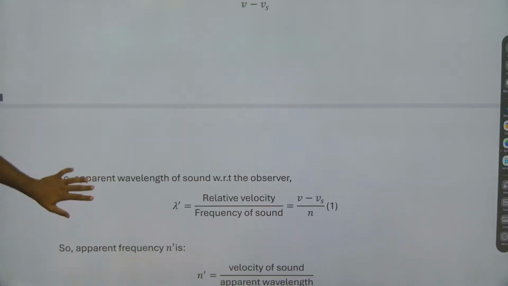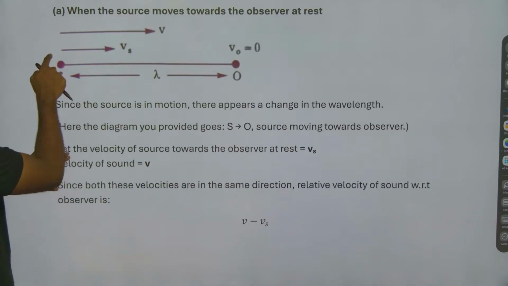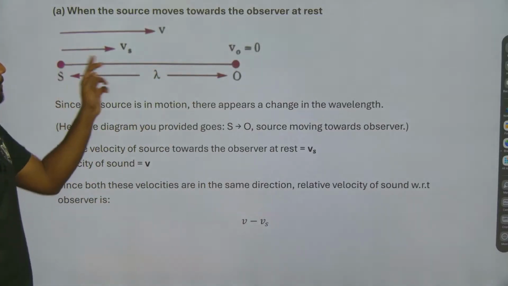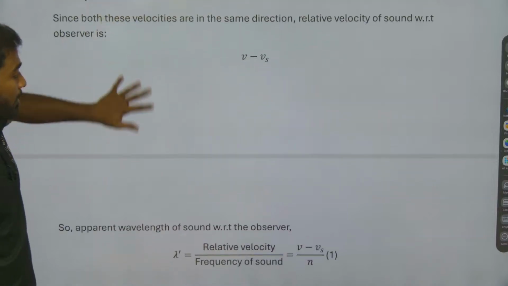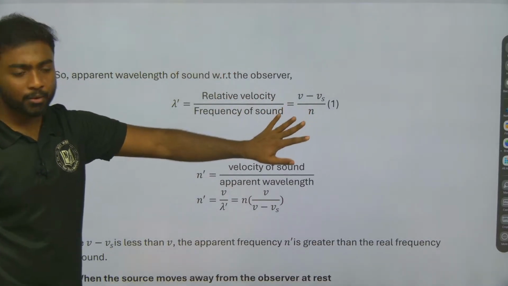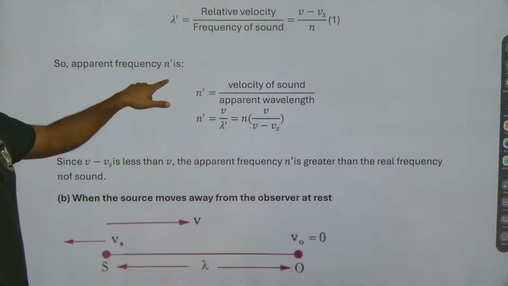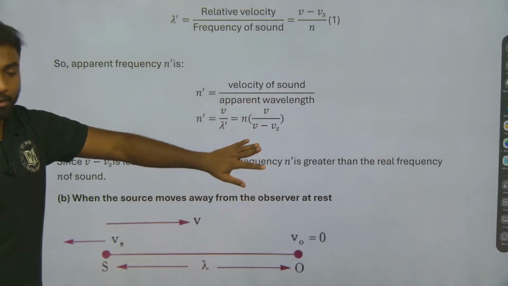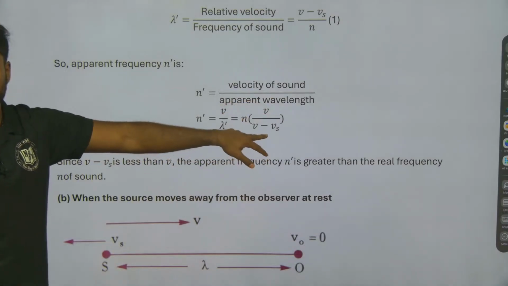Why is lambda changing? Because the source is moving. When the source is moving, lambda keeps on reducing between the observer and the source. So (V minus Vs) by N. Now the apparent frequency N dash will be equal to velocity of sound by apparent wavelength.